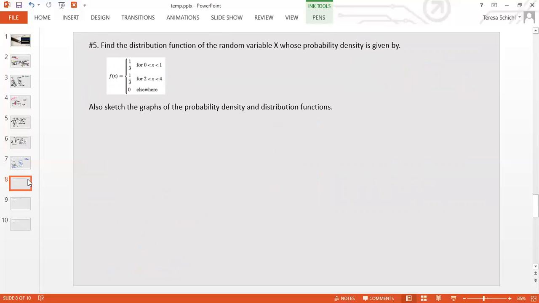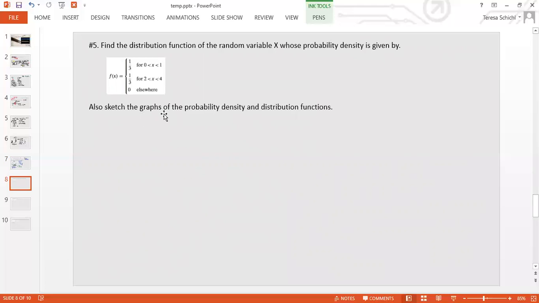So this is the problem here. They give us the PDF. f of x, the lowercase, is the PDF: 1/3 when x is from 0 to 1, 1/3 from 2 to 4, and 0 otherwise. The first thing they want us to do is the graphs.